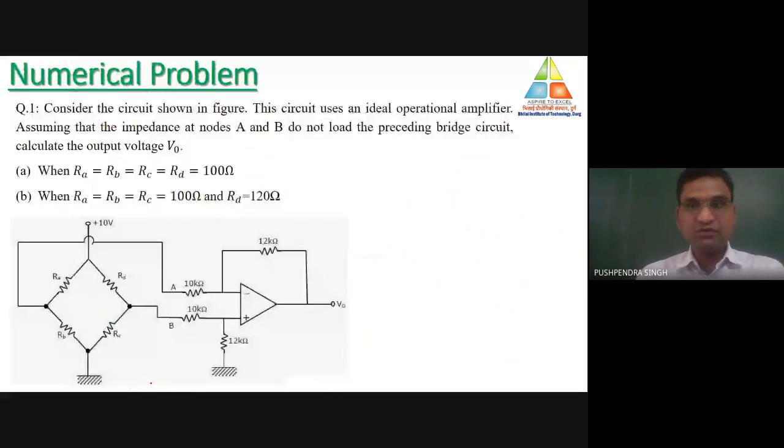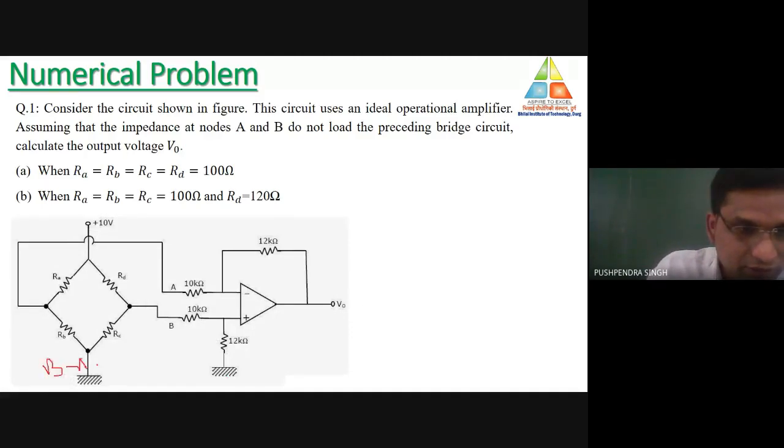Now moving further to a problem related to this bridge amplifier circuit. So this is your bridge, and whatever signal is produced by this bridge will be amplified with the help of a second circuit. So this is your bridge circuit, and this is your amplifier. Which kind of amplifier is this?